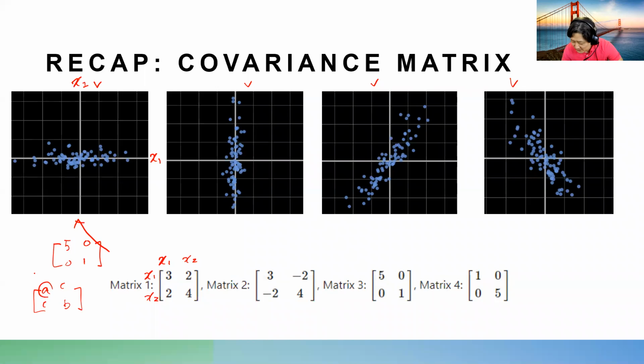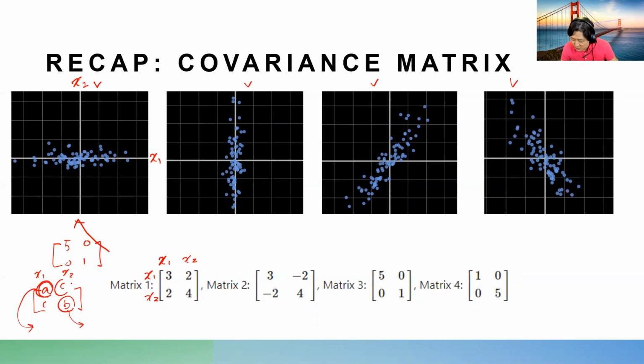So this is x1, x2. This is the degree to which x1 spreads out, because this is the information about the variance of x1. Then this is the degree to which x2 spreads out, because this is the variance of x2.